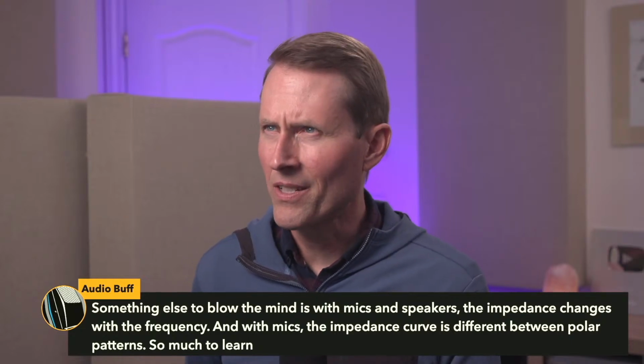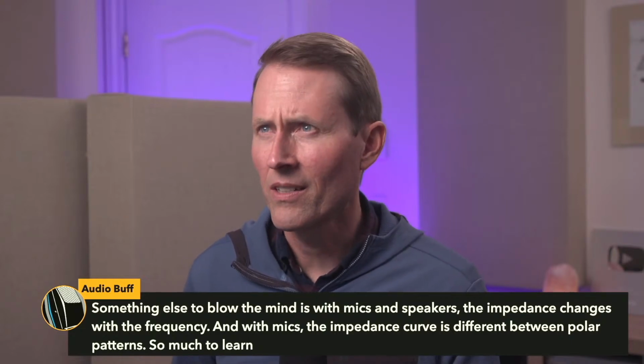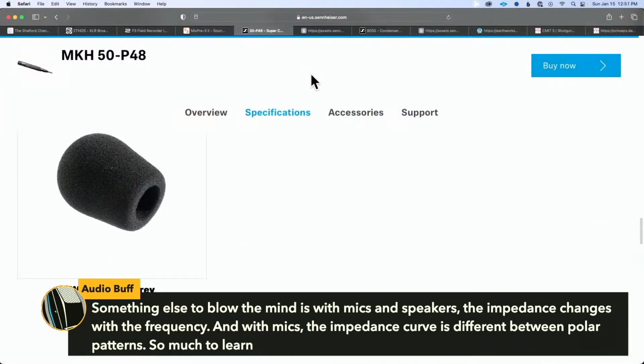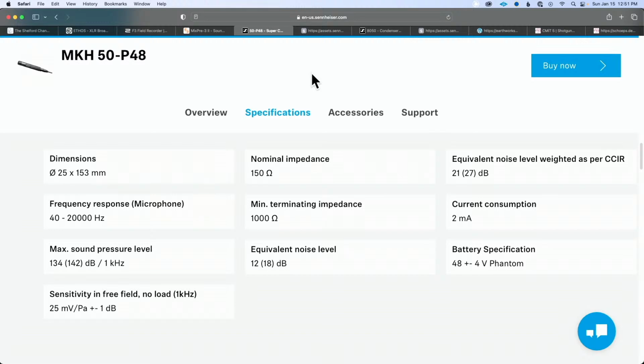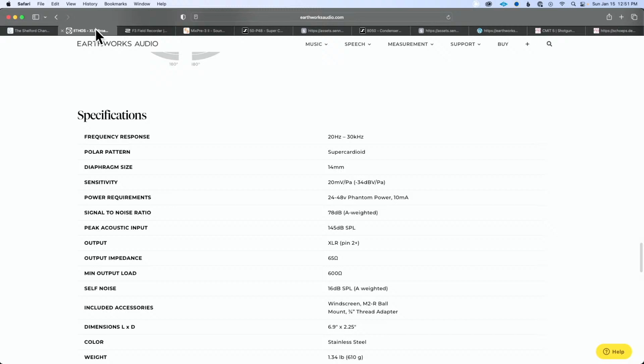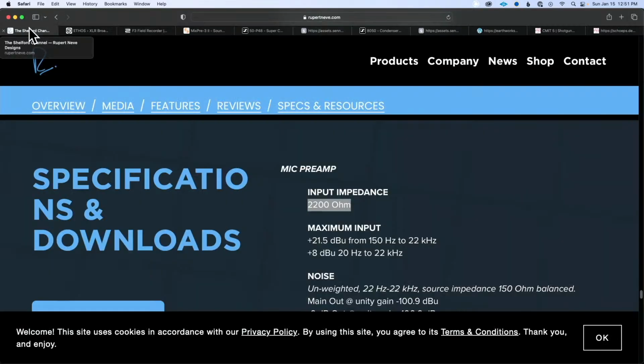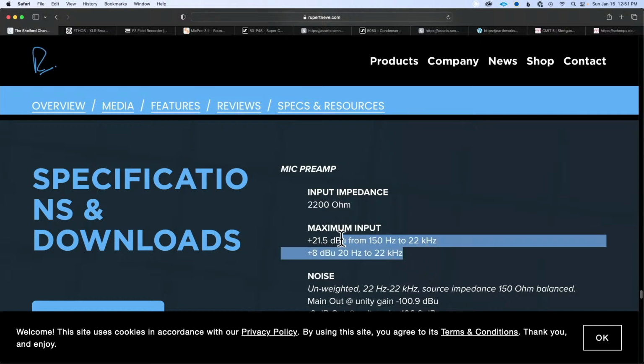So, in fact, I think we saw that in one of the specs here. Let's just go back up. I can't remember if it was the 50 or maybe the Earthworks, or no, maybe it was the Shelford Channel. No, it wasn't so much impedance, but there was a difference in maximum input at different frequencies.